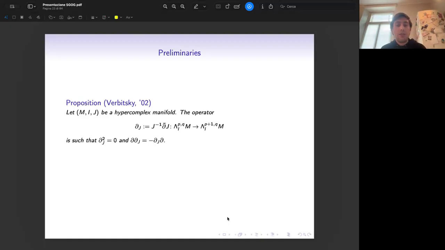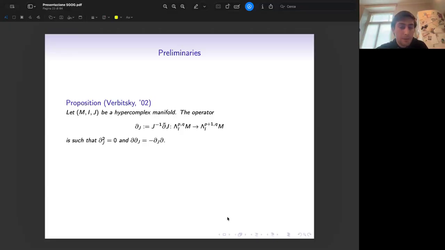And as a first difference between the complex setting and the hypercomplex one, this differential operator will raise the holomorphic degree instead of the anti-holomorphic as del bar does. But nonetheless, it squares to 0 and anti-commutes with del.